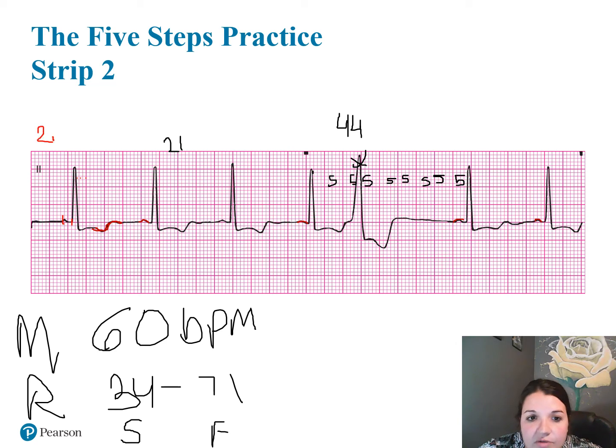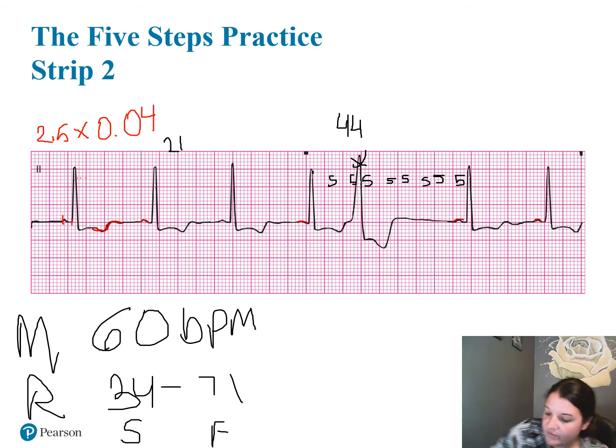So 2.5 times 0.04 seconds is going to give me my PR interval. When you're doing your calculations, make sure that you are putting in the 0 in front of the 4, 0.04. And this actually gave me 0.10 seconds for my PR interval.